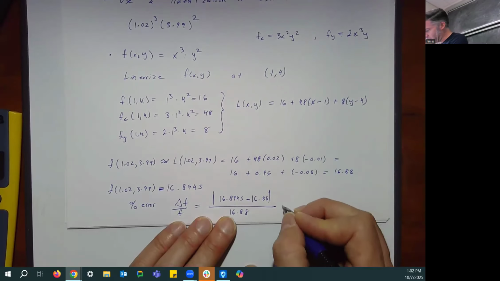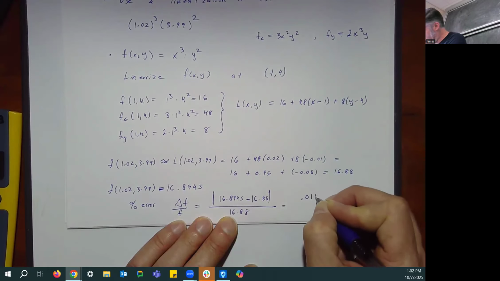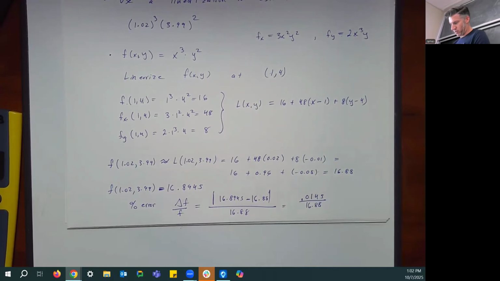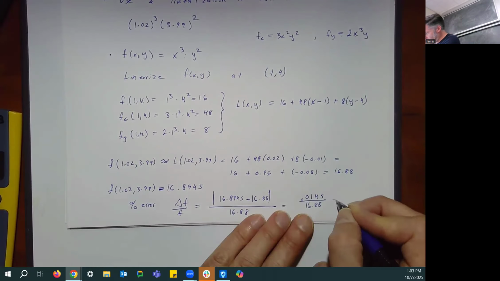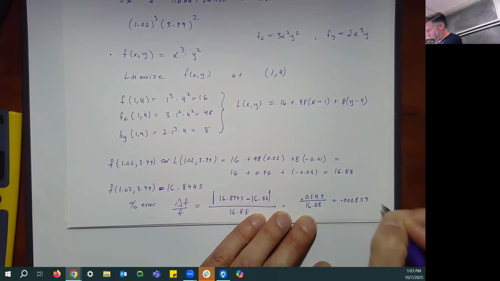So here we're getting, yeesh, 0.0145 divided by 16.88. That's going to be real small. So I'm getting 0.000859 approximately.